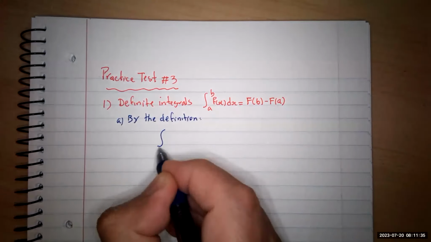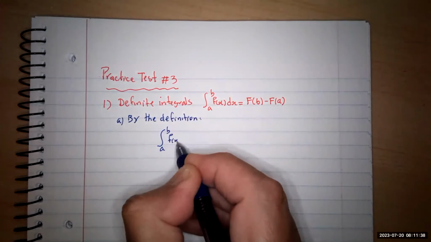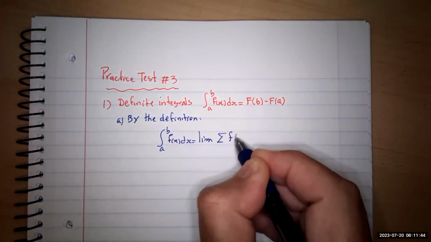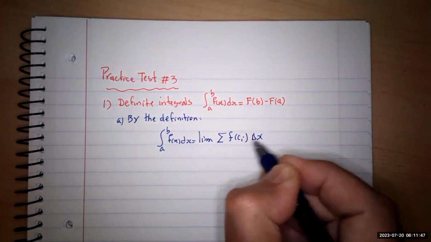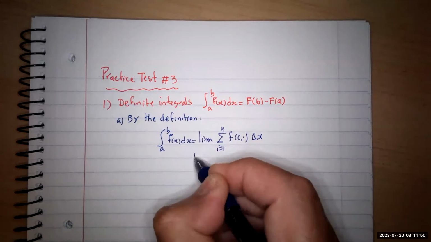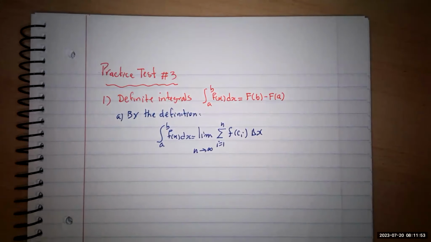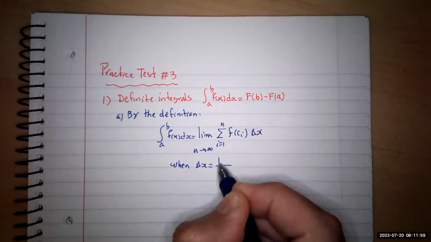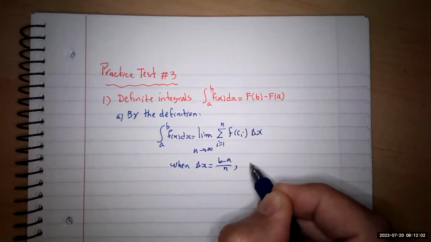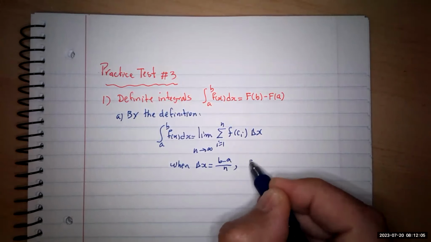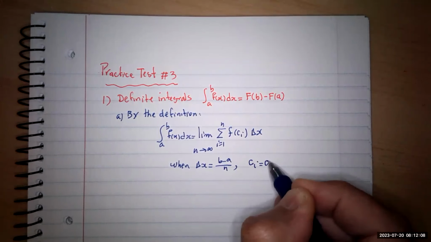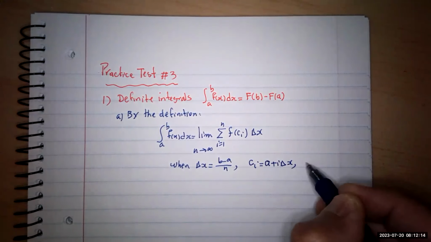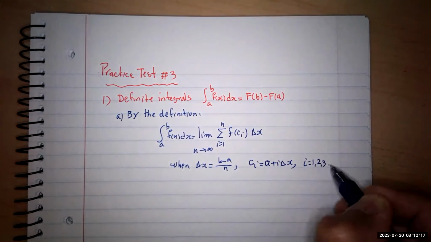So by definition means you have to use this formula: the integral from a to b of f of x dx is equal to the limit as n goes to infinity of the sigma of f of ci times delta x, i from 1 to n, where delta x is equal to b minus a over n, and ci is going to be any number, but we give you a formula. ci is going to be equal to a plus i delta x, where i can be 1, 2, 3 up to n.